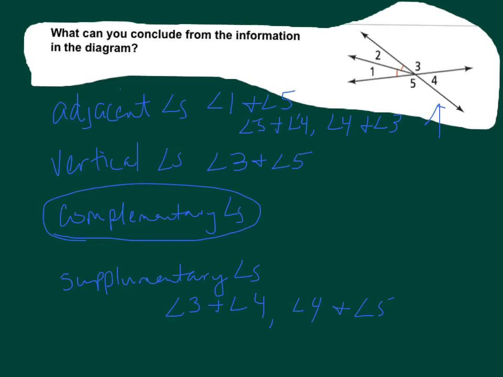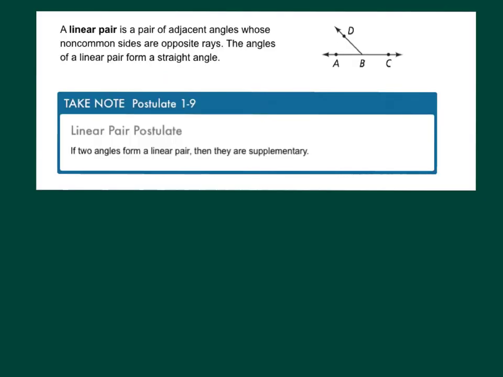Last slide. A linear pair is a pair of adjacent angles whose non-common sides are opposite rays. So it looks like supplementary angles, but remember on supplementary angles, the angles don't have to be adjacent. You can have supplementary angles that are opposite, or not opposite, but that are not adjacent. So those two could be supplementary.